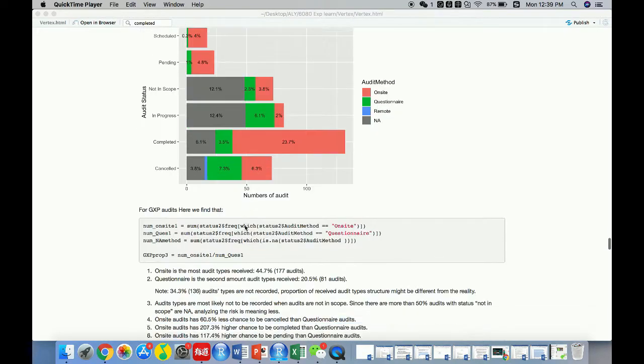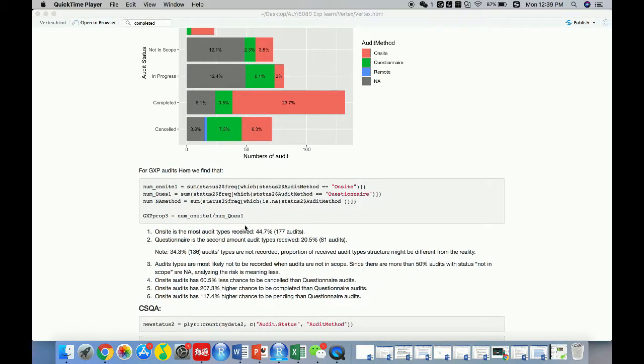For the result, we find that on-site audits have a much higher chance to be completed than questionnaire audits. It's good news, and on-site audits have a much lower chance to be cancelled. I think those two pieces of information suggest on-site audits are maybe much easier than questionnaire audits.